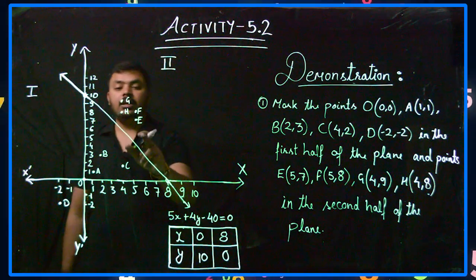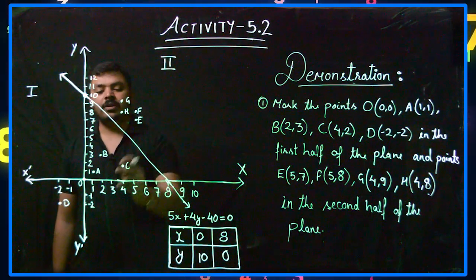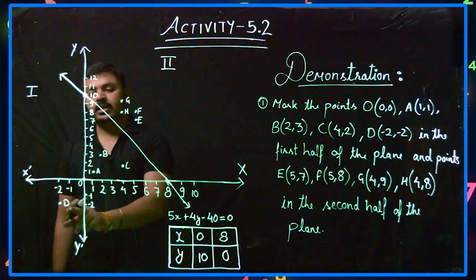That is E, F, G and H in the second half and O, A, B, C and D in the first half.